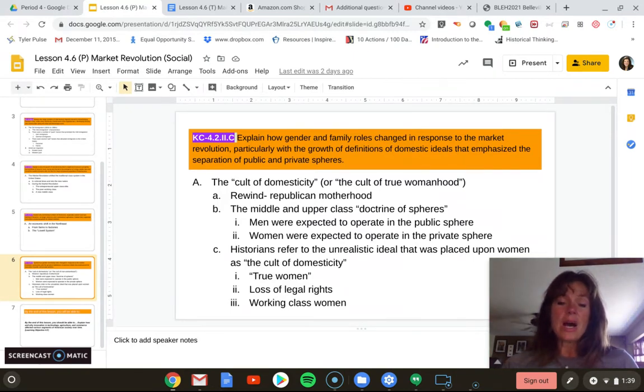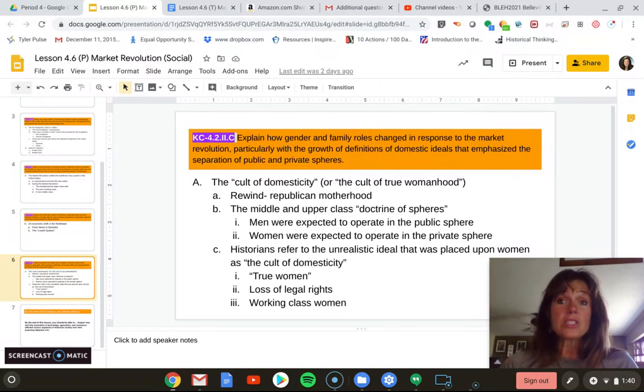Men were expected to operate in the public sphere. They were in law, they were in banking, they were in business. These pursuits could be highly charged, emotional, and they are the manly emotions that men can handle. Women, on the other hand, were expected to operate in the private sphere.